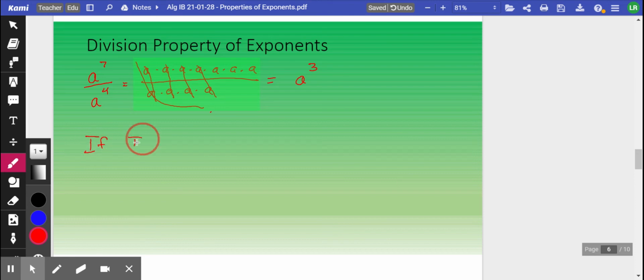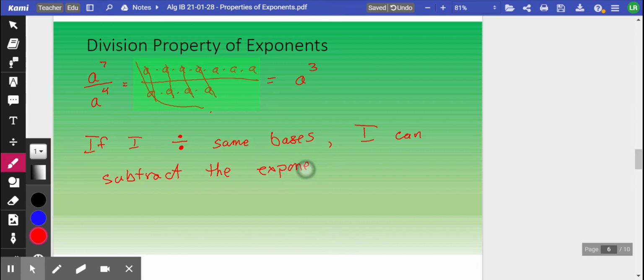If I divide same bases, again, it has to be same bases, I can subtract the exponents. And with subtraction, it is extremely important that you are writing down your subtraction problem, okay?